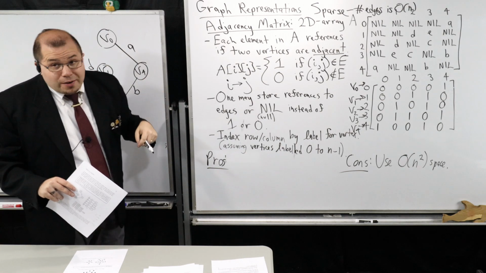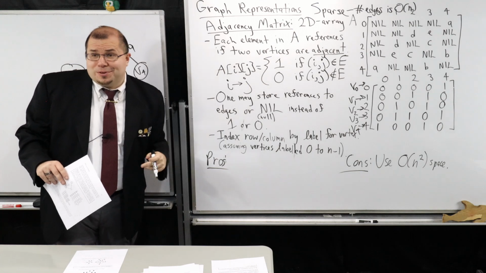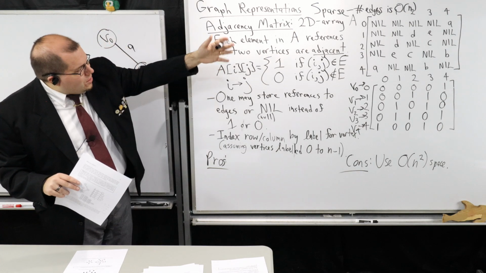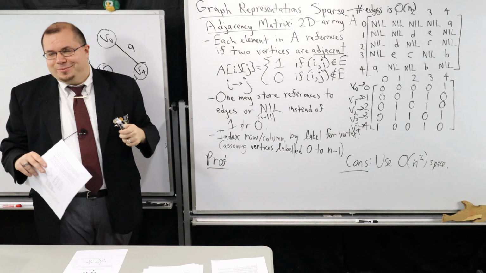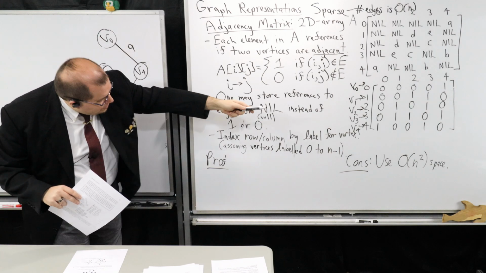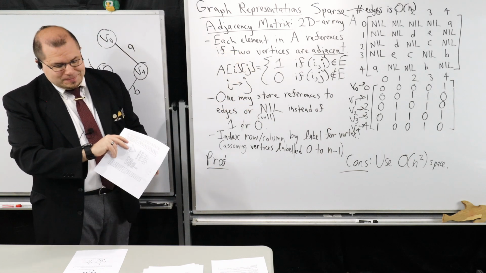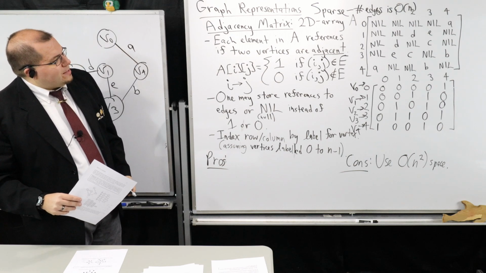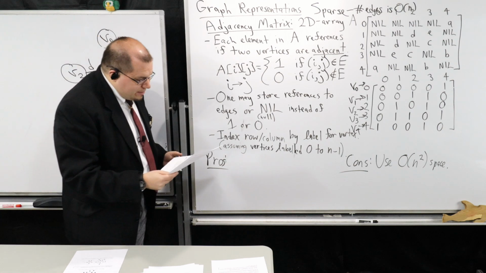So if you have a graph like that, is this a very good way of representing it? Well, notice there's going to be a lot of entries that are just going to have nothing in them, right? There's going to be a lot of zeros, for example, and a lot of nulls. So that's one kind of con about this.